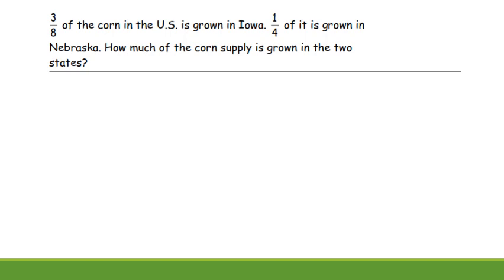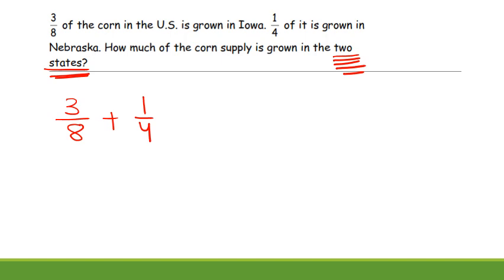Now I have a word problem, but it's very easy. 3 over 8 of the corn in the US is grown in Iowa, 1 over 4 of it is grown in Nebraska. How much of the corn supply is grown in the two states? That means I need to find the sum of both states. In other words, I need to add 3 over 8 and 1 over 4.